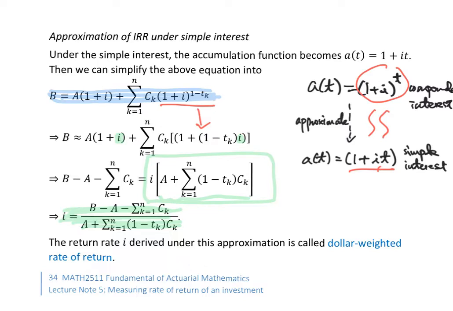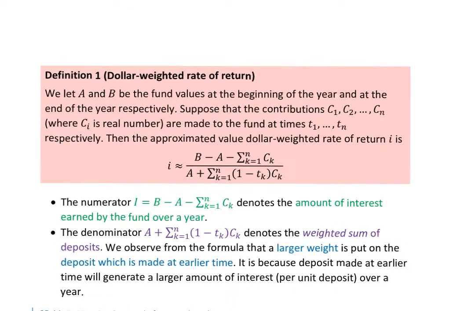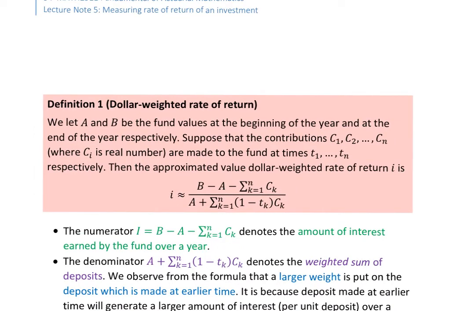Here this return rate is what we call the dollar weighted rate of return. So this is the definition. We let A and B be the fund value at the beginning of the year and at the end of the year respectively.